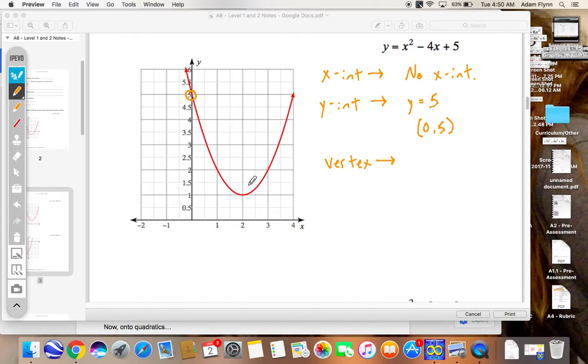Next, I'll do the vertex. So the vertex is this minimum point right here. That would be at the ordered pair 2, 1. And then I have the axis of symmetry, which is the equation of this vertical line that I'm creating.